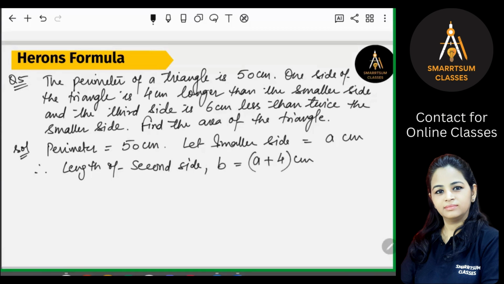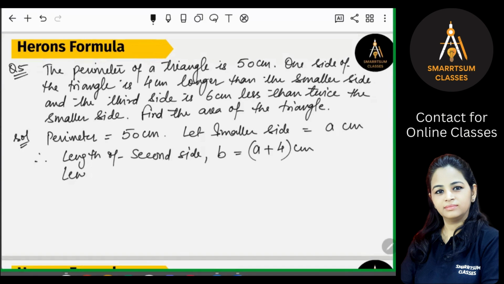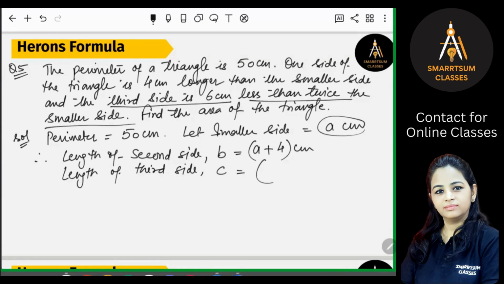Similarly, suppose the length of the third side is C. It is 6 centimeter less than twice the smaller side. The smaller side is A, its twice will be 2A, and 6 less means 2A minus 6. So C is equal to 2A minus 6 centimeter.